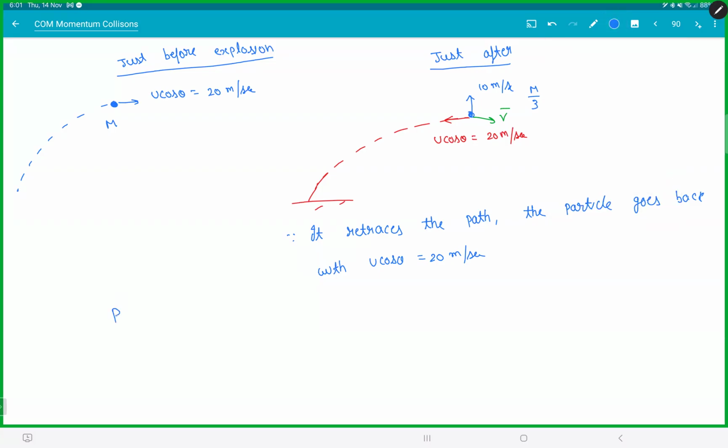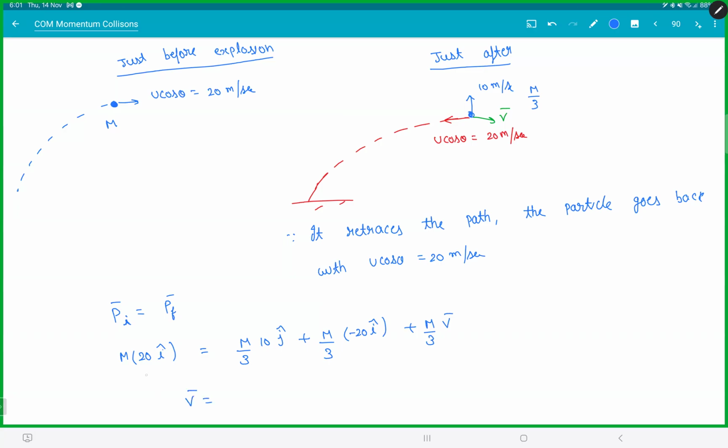Initial momentum is equal to final momentum because explosions are internal. Initial momentum is m into 20 i cap. Don't forget the vectors. Final is m by 3 times 10 j cap, plus m by 3 times minus 20 i cap because it is going backward, plus m by 3 V bar. m gets cancelled, cross multiply, that will be 60 i.